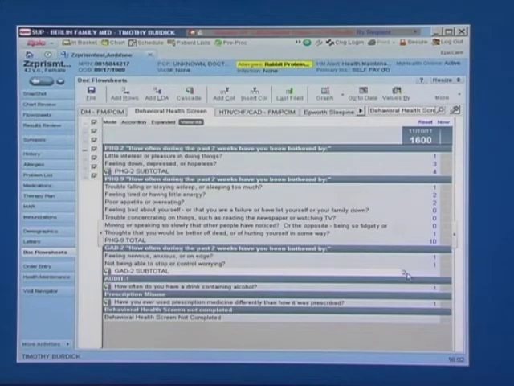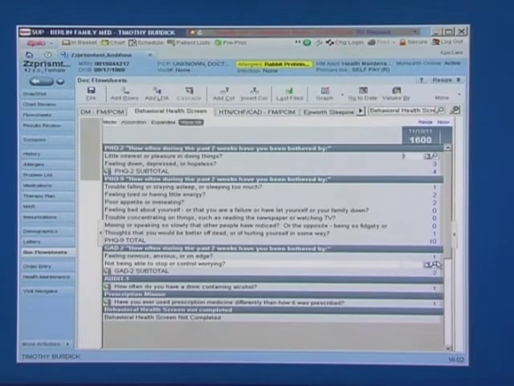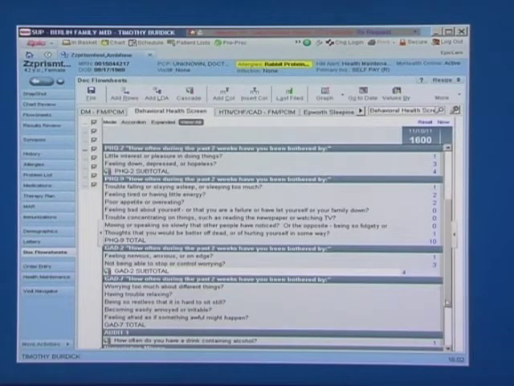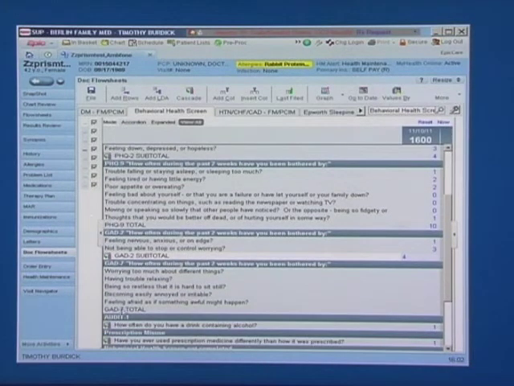If screening is negative, it stops at that point. Or if the screening is positive with the initial two questions, it will now open up the additional questions for the entire GAD-7. Rooming staff can come in, complete this section, and there will be now a GAD-7 subtotal calculated by the system.